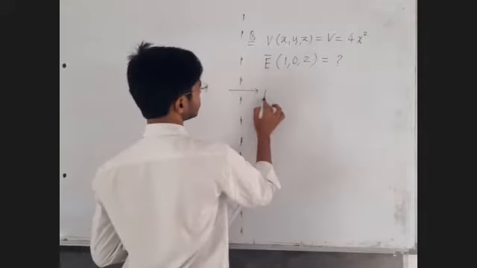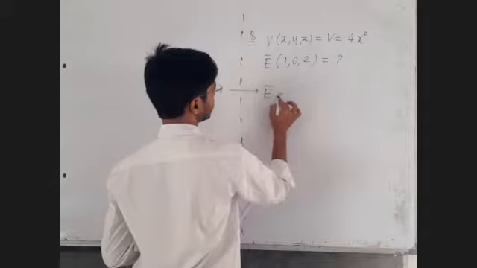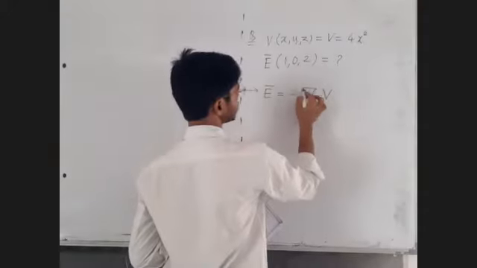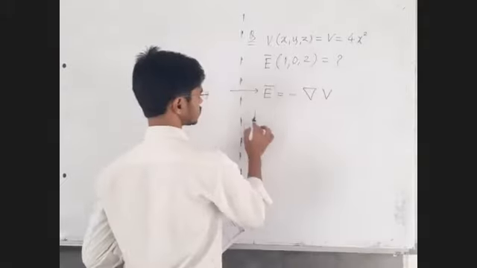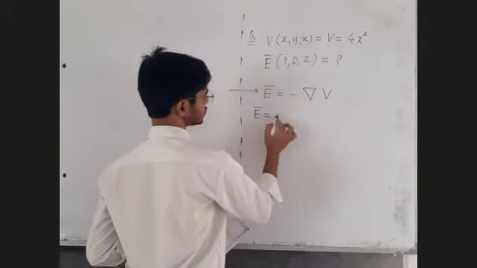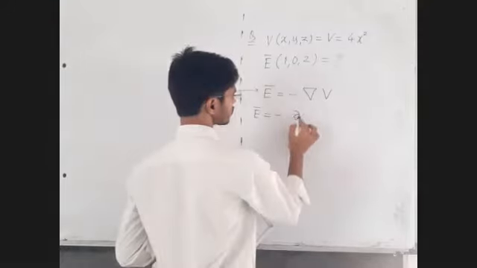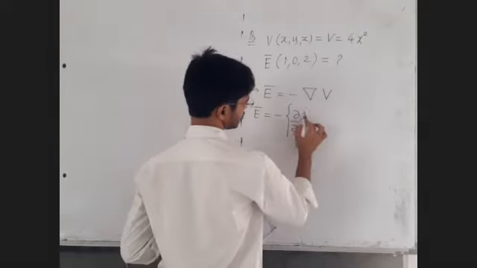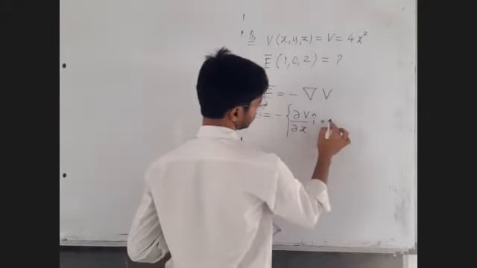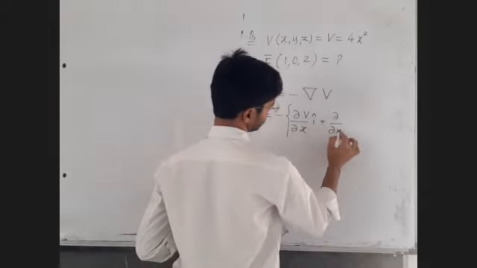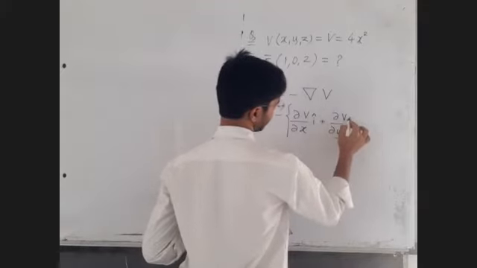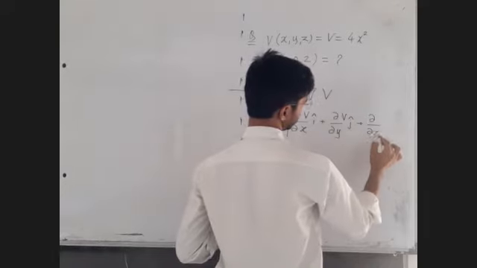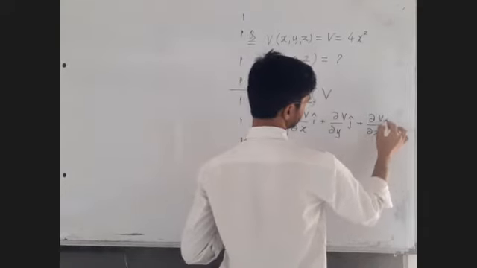Very simple thing. First of all, find out the electric field. How to find it? E is equal to negative potential gradient. So E bar is equal to minus in the bracket, the gradient: dou by dou x of V into i cap, plus dou by dou y of V into j cap, plus dou by dou z of V into k cap.